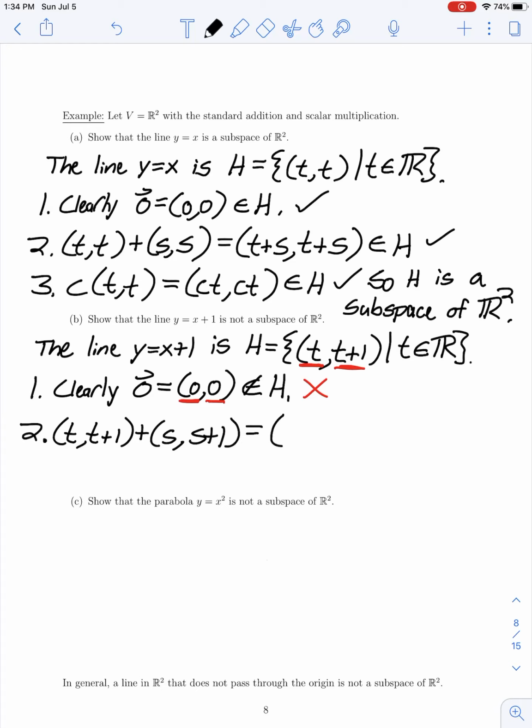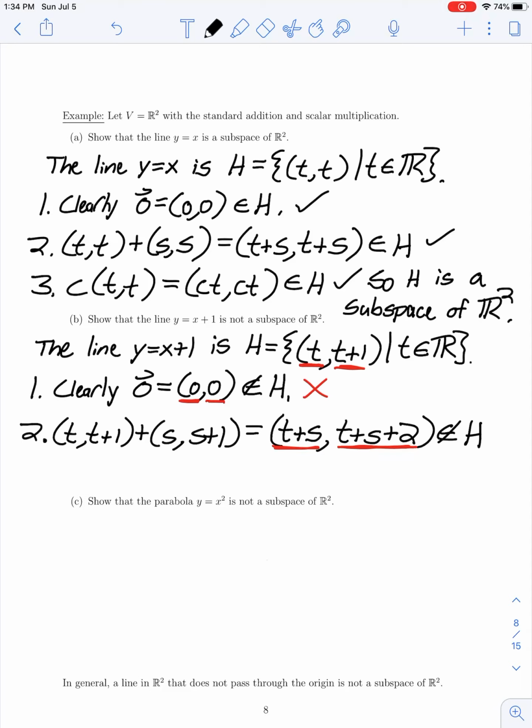Using the standard addition, we would have the vector (t+s, t+s+2). So here, the second coordinate for the sum of those vectors is 2 units greater than the first coordinate. So this would not be a point on the line. It's not closed under vector addition.